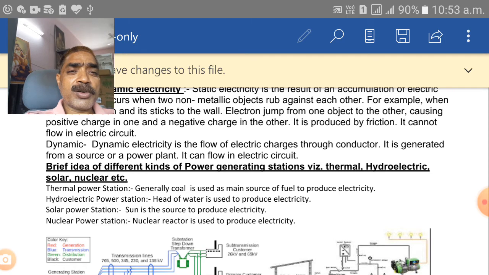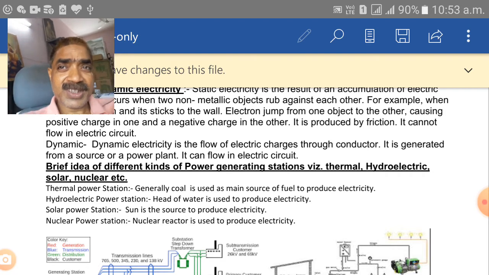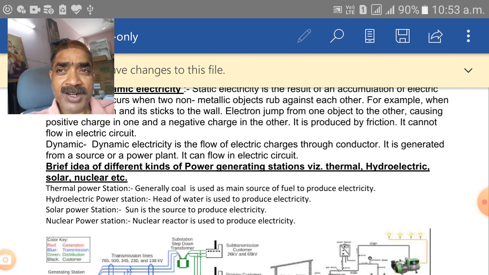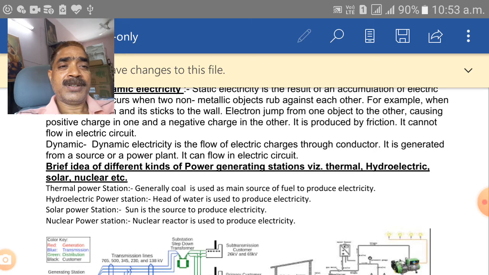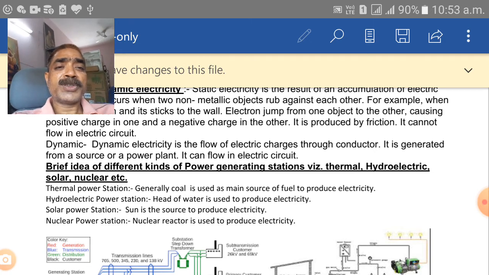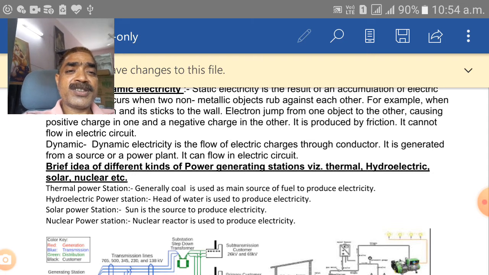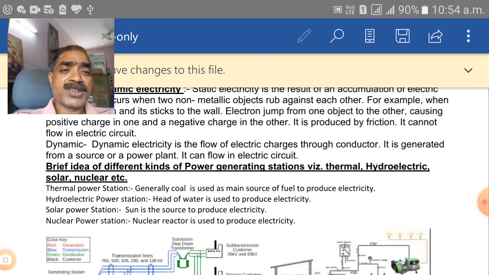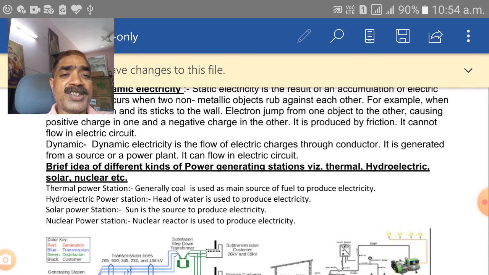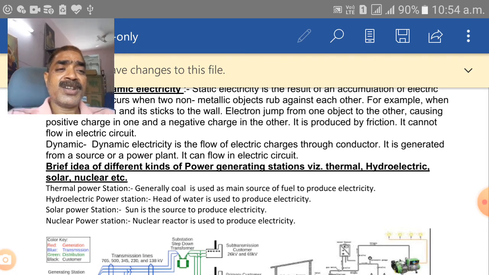Next one is the hydroelectric power station. So here in hydroelectricity, a dam is constructed across the river to provide the head. Head means the height of the water level. So the main source is the water. In the solar power station, generally you are looking, the sun is the main source to produce electricity. Next one, the nuclear power station.